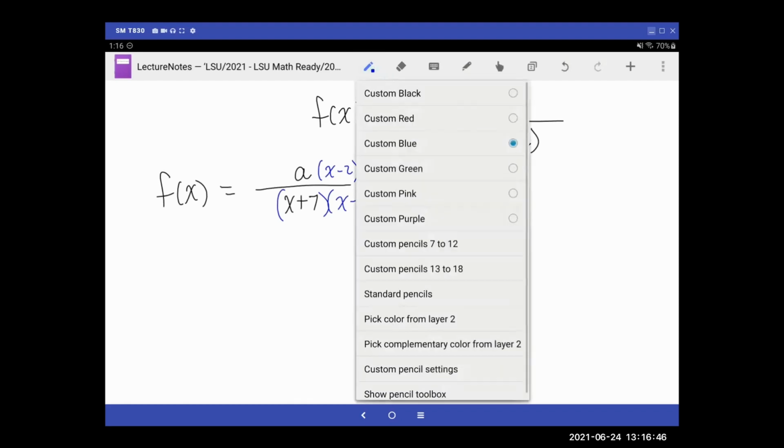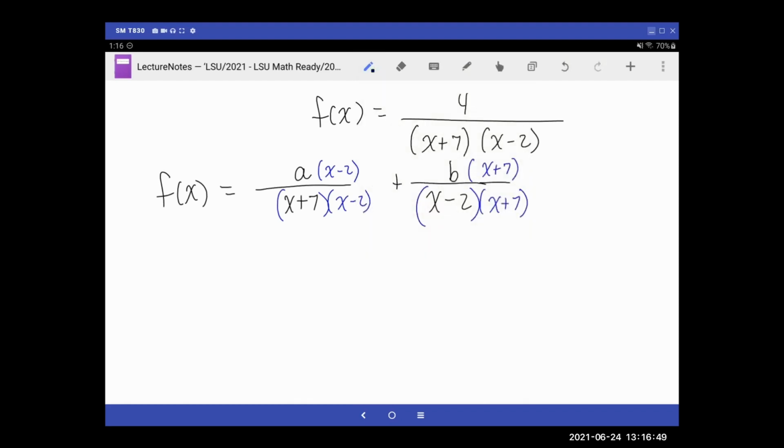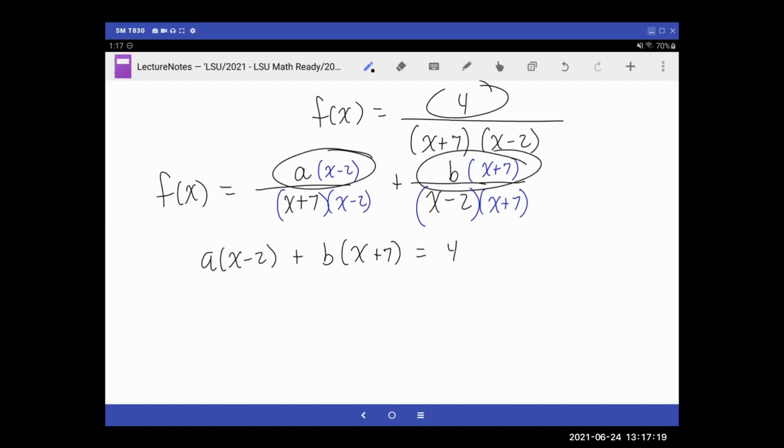Okay, and so if I did that, let's compare these two fractions with this one here. Notice the numerator is 4. These are the same denominator, so I can imagine that this is all one fraction, right? The numerators are added together. And so A times x minus 2 plus B times x plus 7 equals 4. The two numerators added together should equal this numerator here.